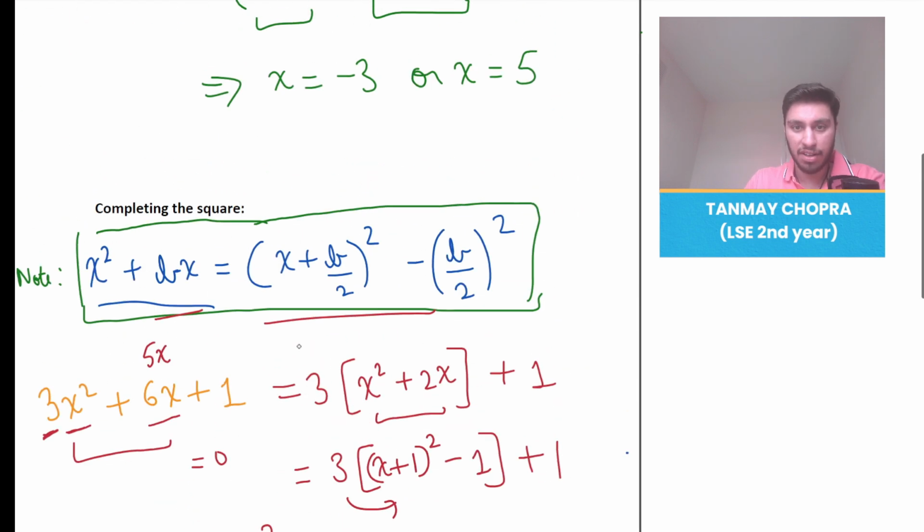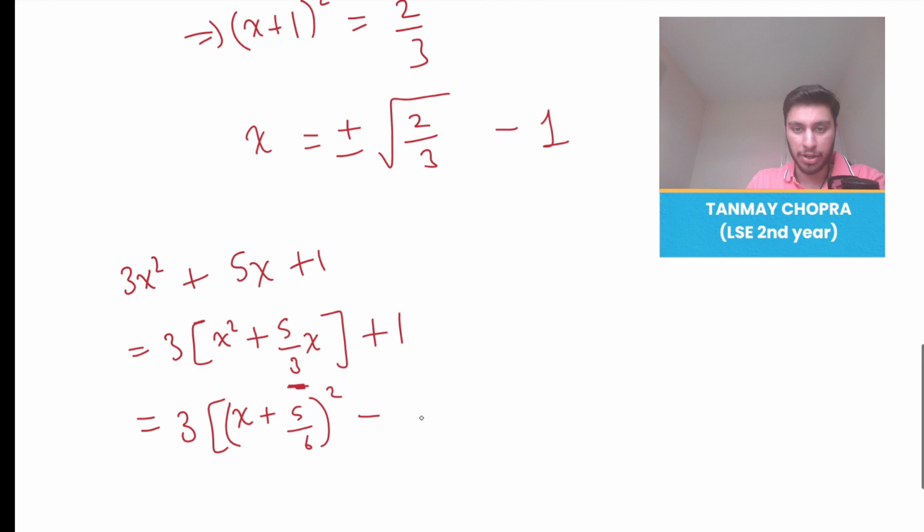If we go back above, that's what we do: we half the middle term, x plus b over 2 squared, and then we subtract b over 2 whole squared. So that's what we are going to do here. I'm going to subtract 25 over 36, and then plus 1 remains as it was.